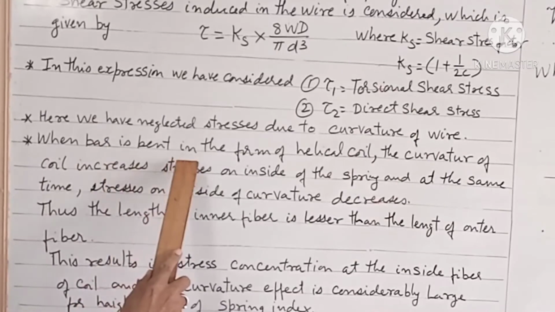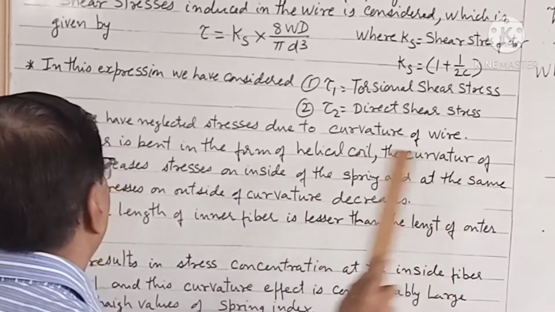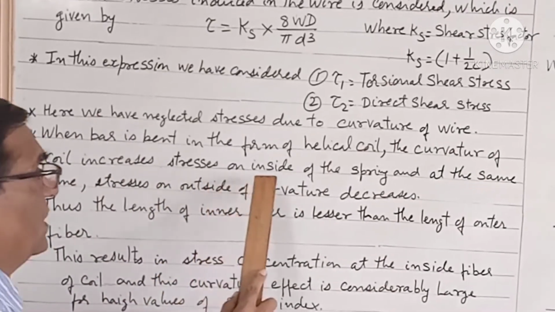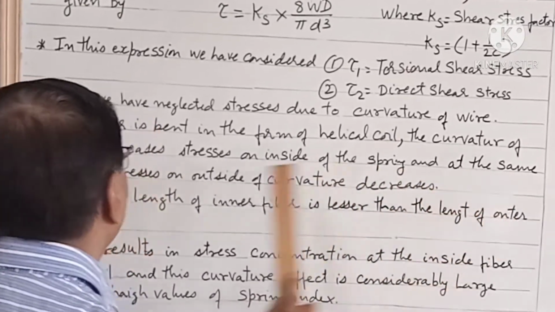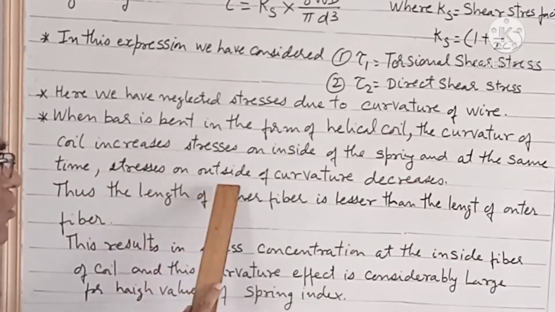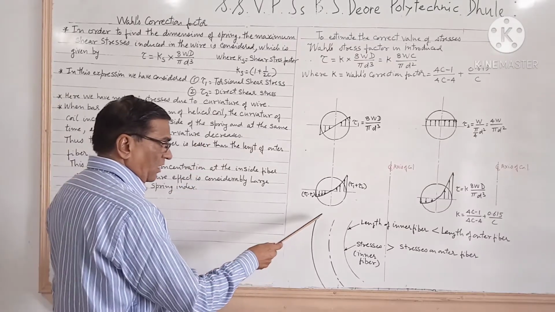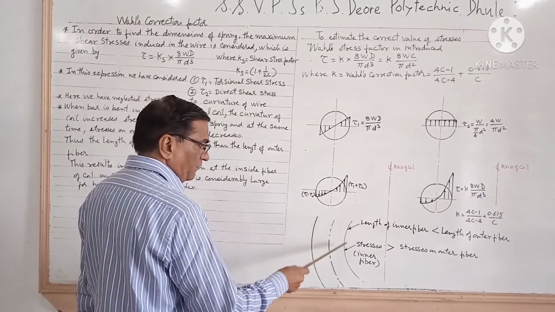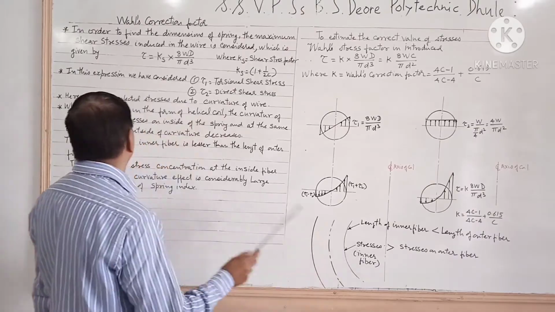When the bar is bent in the form of a helical coil, the curvature of the coil increases stresses on the inside of the spring, and at the same time stresses on the outside of the curvature decrease. Means this is the outer fiber, the stresses decrease, and this is the inside fiber, so the stresses on the inside fiber increase.